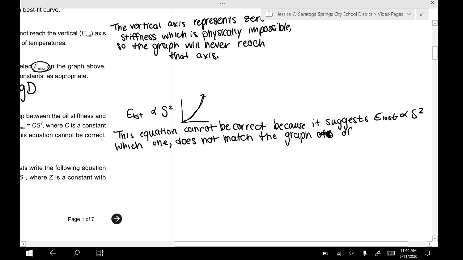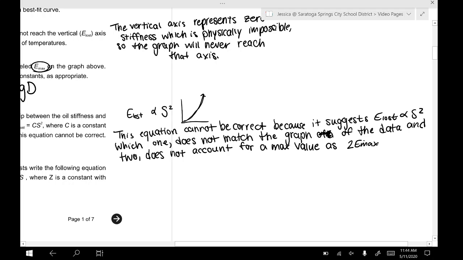And 2 does not account for a max value, as 2E lost equals CS squared would increase to infinity, or essentially go on forever, so it wouldn't reach a maximum value.